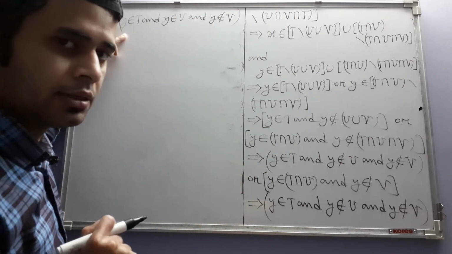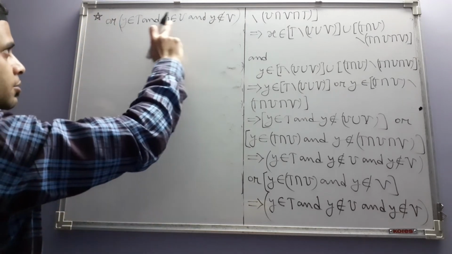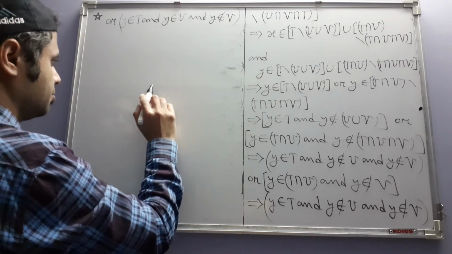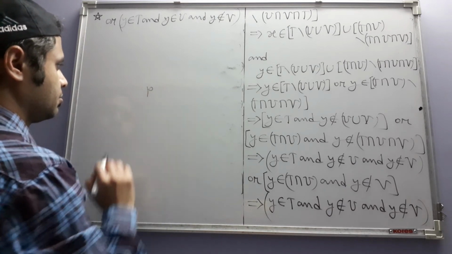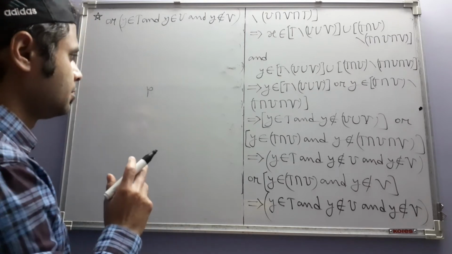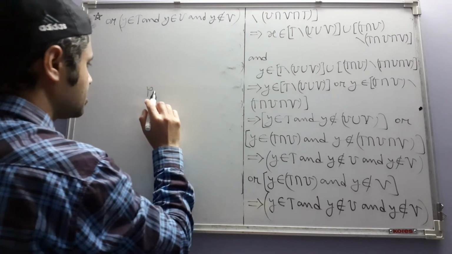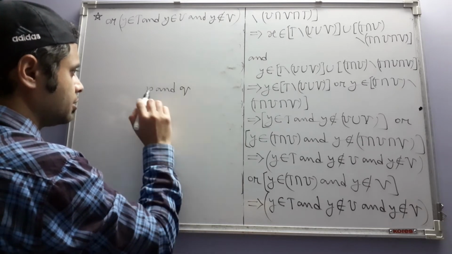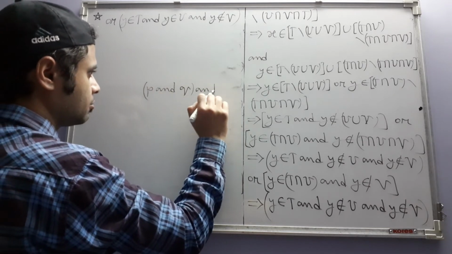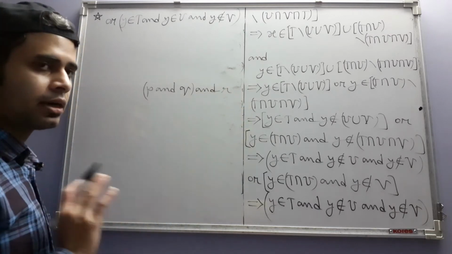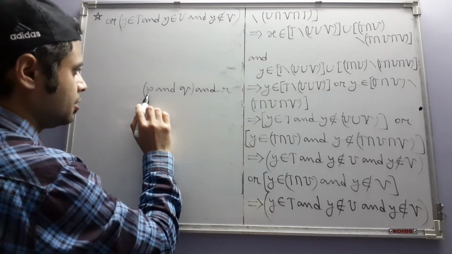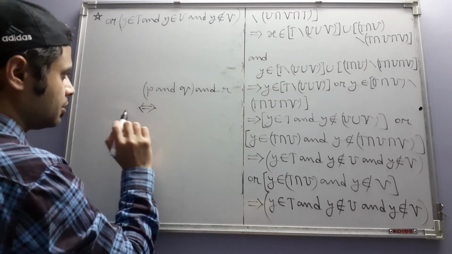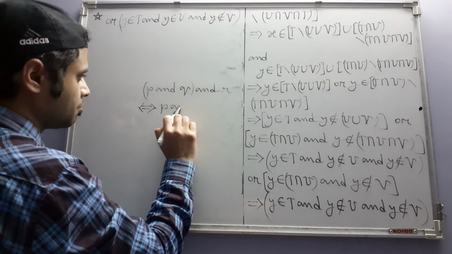Is that a mistake? That is not a mistake, because throughout we have and. There is a construct of statements which says that, say P, Q and R are three statements, then this compound statement is the same as this compound statement.